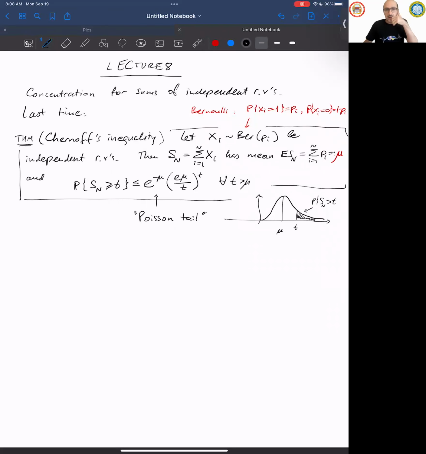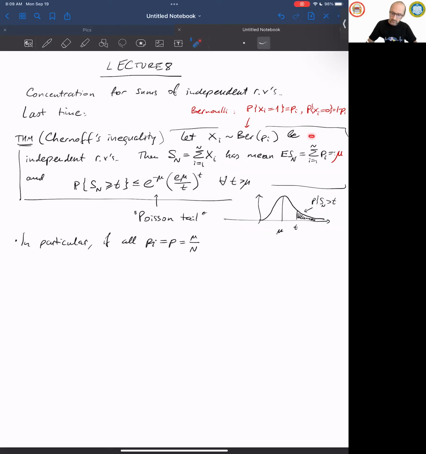Most of the time, if you ever apply this inequality, you will apply it for the same pi's. If all pi's are the same, then Sn is the sum of Bernoulli with the same p, and that's called binomial distribution, right? So if all pi's are the same, then they all equal mu over n.